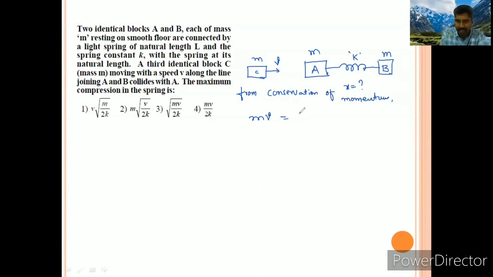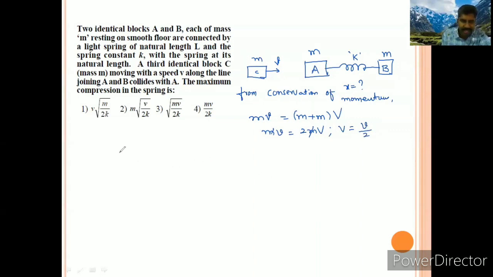Now after, these two masses are there, so it will add to 2m. So its velocity I will write as big V. So what can we get? mv is equal to 2mV. So m will cancel. Capital V is equal to small v by 2. We can get that in the first case.